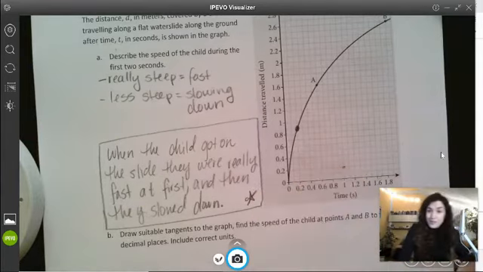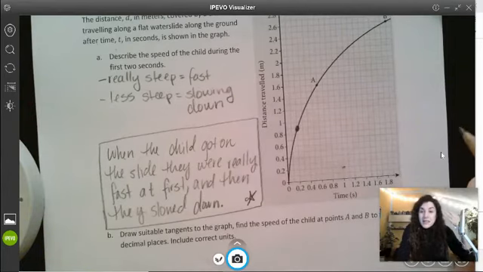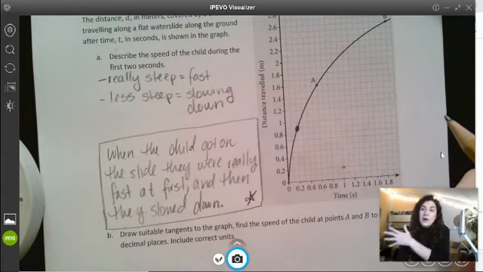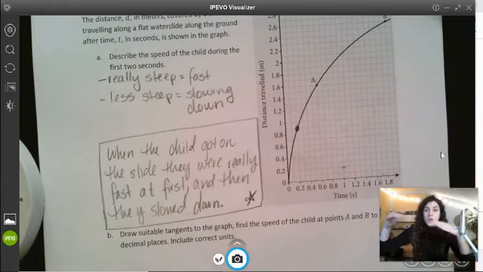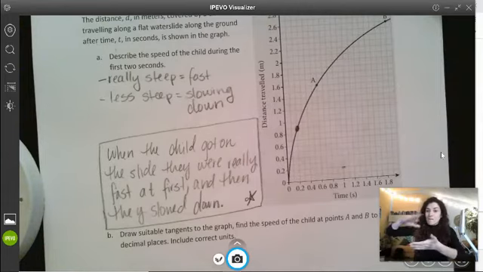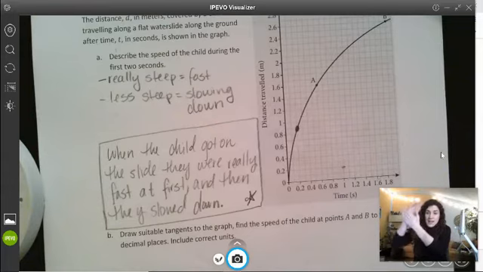Why might you start slowing down? Hopefully bringing in something that we know about science, about physics, and about everyday experiences. Friction, right? Maybe some of you got a little raspberry on your belly. When you get going at first, you've got all of this water between you and the slide.